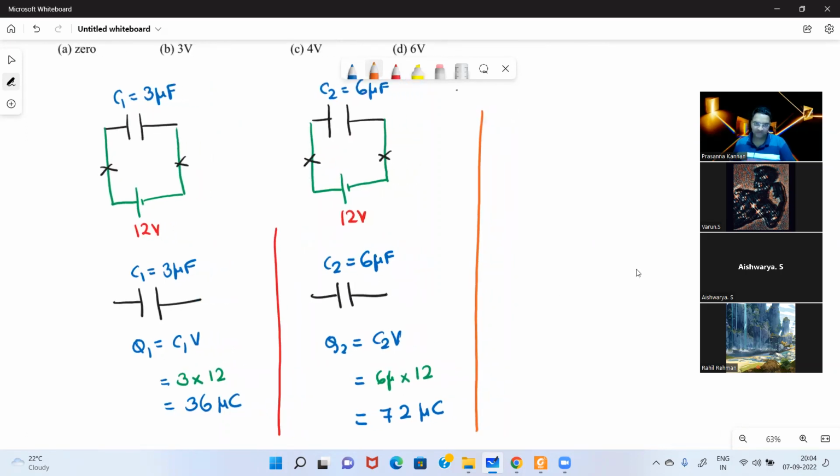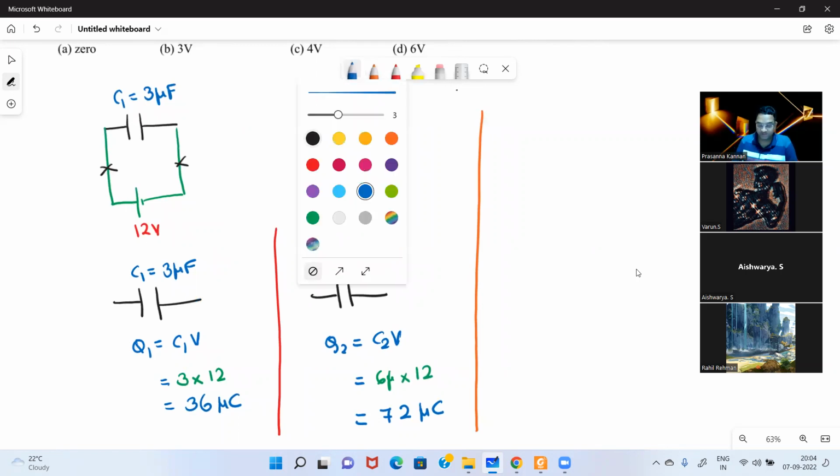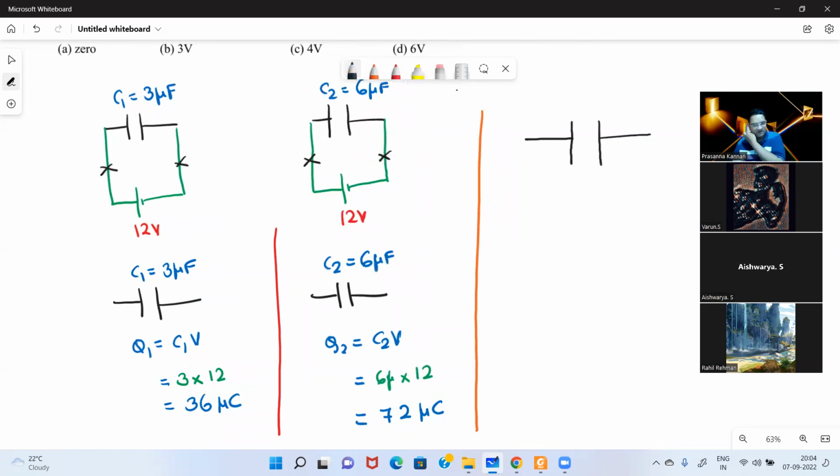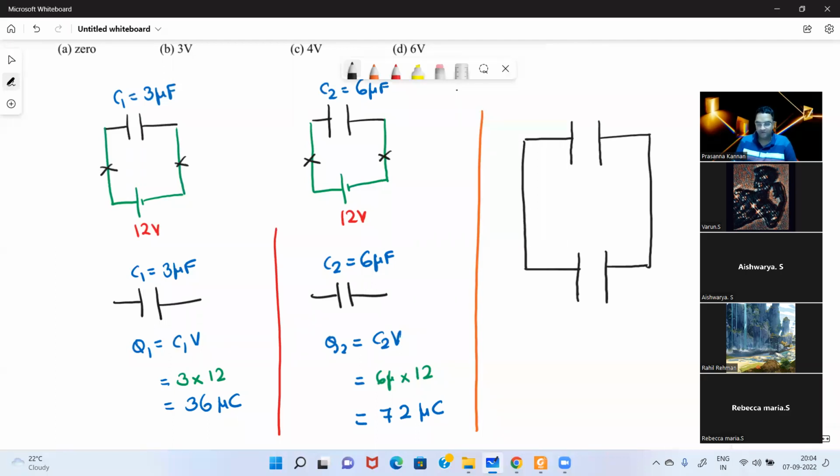Yes, sir. Now, so far, how we were considering is, in the previous questions, a charged capacitor connected to another uncharged capacitor, correct? Now, this time, we are connecting a charged capacitor to another charged capacitor. This time, what is the charge on the first capacitor? 36 microcoulomb.